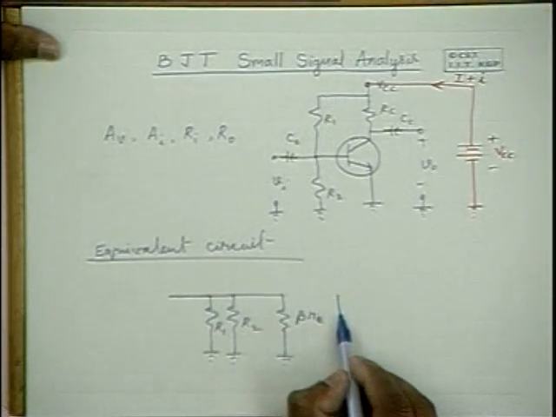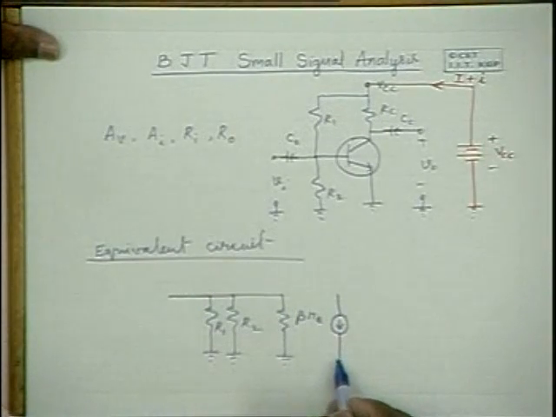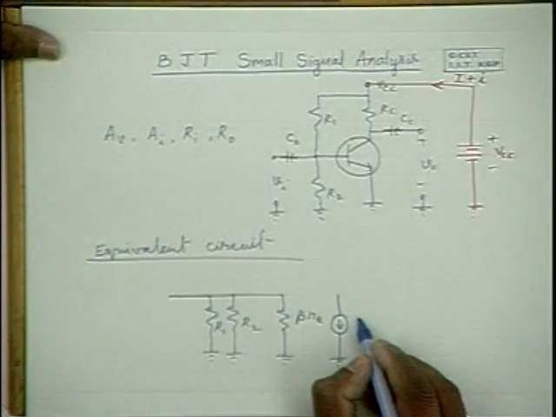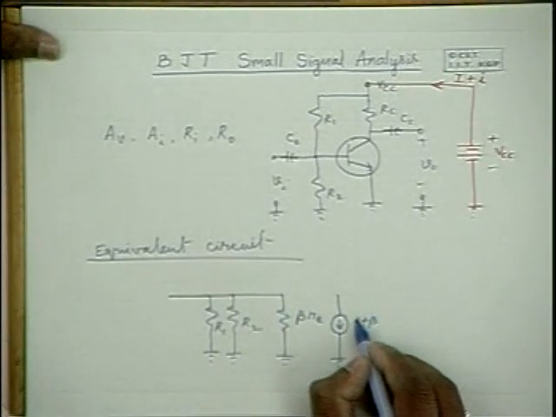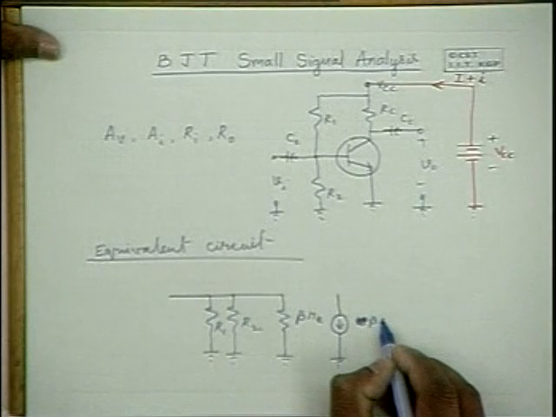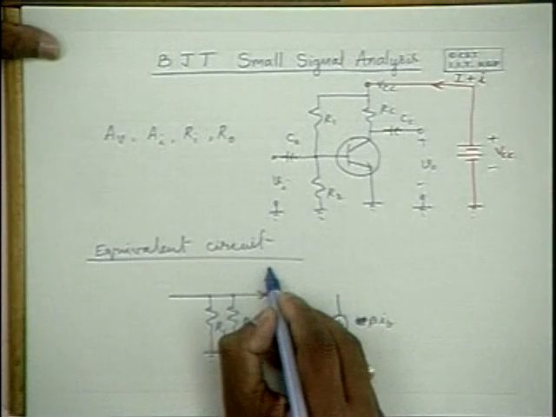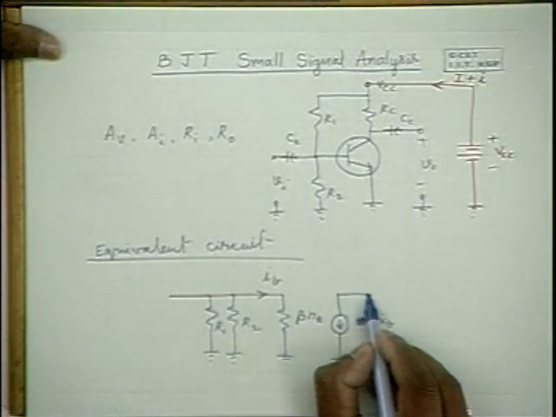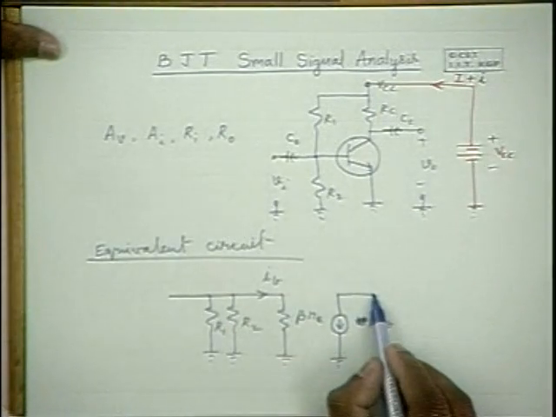And we have here a current dependent current source between the collector and the emitter, and this is 1 plus beta times IB, where IB is the current flowing into the base, and you have RC between the collector point and the ground point.